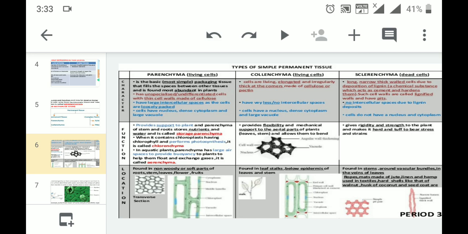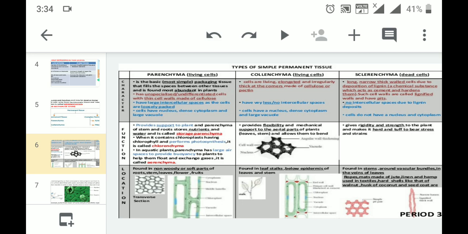They have pits also. Parenchyma has larger intercellular spaces as the cells are loosely packed, whereas collenchyma has very little or no intercellular spaces. Sclerenchyma also doesn't have any intercellular spaces due to heavy lignin deposition.